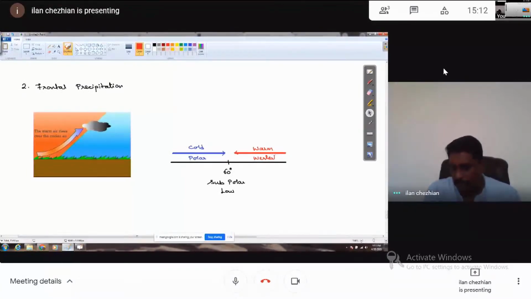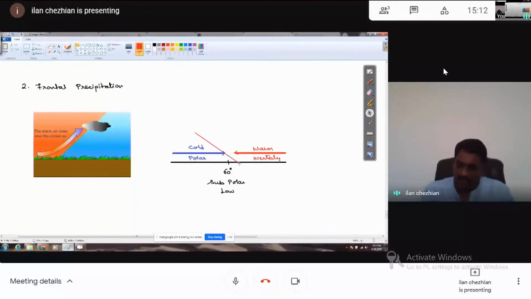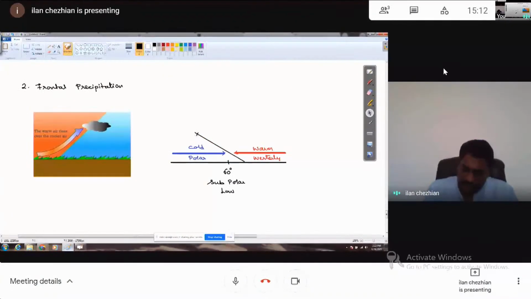In the adjoining image, what you're seeing is the same. Exactly between these two contrasting air masses, a clear-cut demarcation is formed, which separates both air masses.